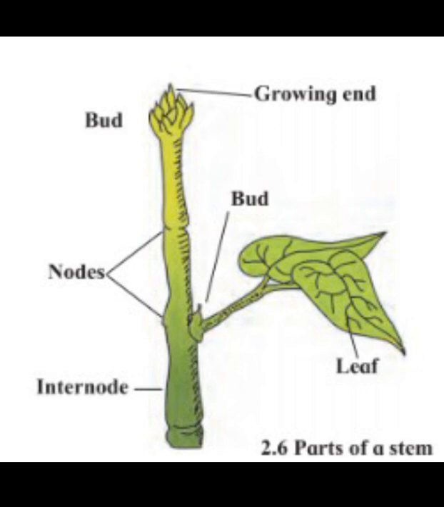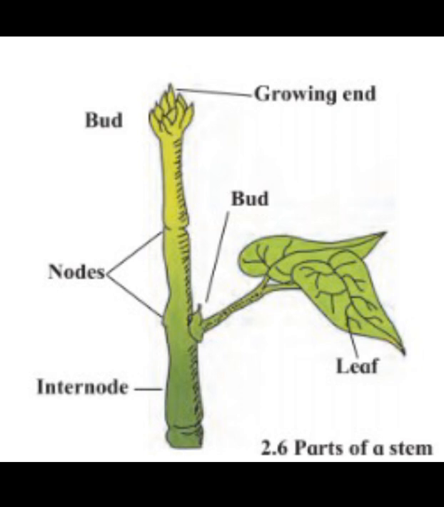As you can see, there are nodes on the stem. Nodes are important because leaves come out of these nodes. The part of the stem between two nodes is called an internode.